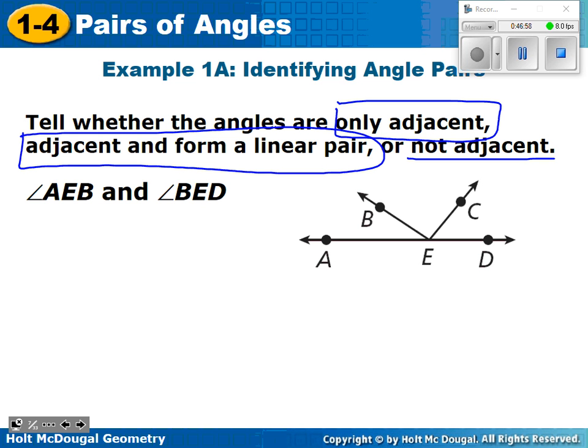Okay, hands up if you think they are just adjacent. Hands up if you think they're adjacent and they form a linear pair. Hands down, hands up if you think they're not adjacent at all.